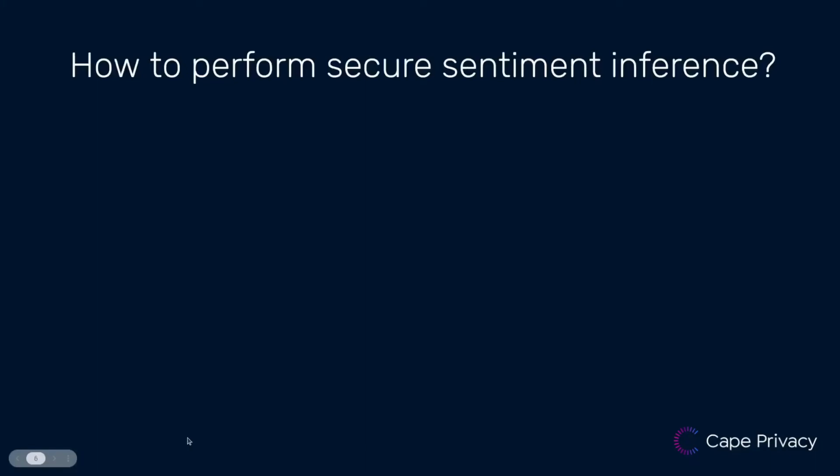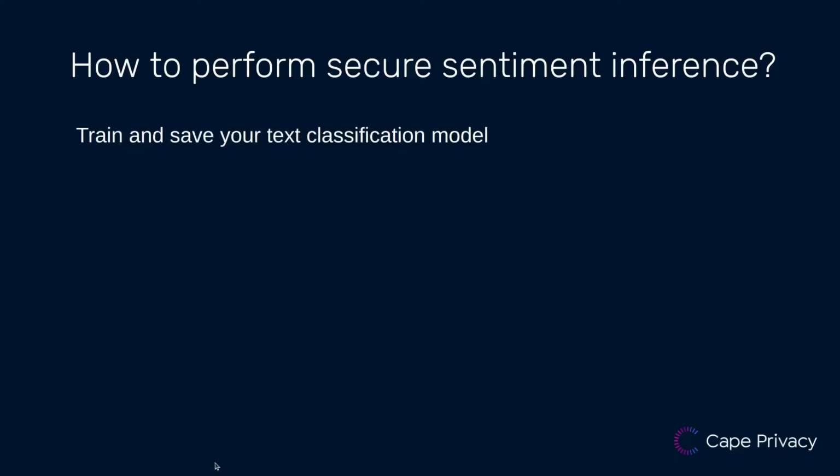So, how would you go about developing an app that would perform secure sentiment inference on your textual data? There are three main steps. First, you would train your text classification model as normal using your favorite machine learning libraries. Second, you would create a Cape function, which is a Python script that must be called app.py and contain a function called cape_handler.